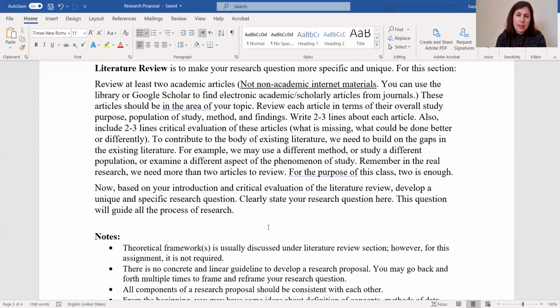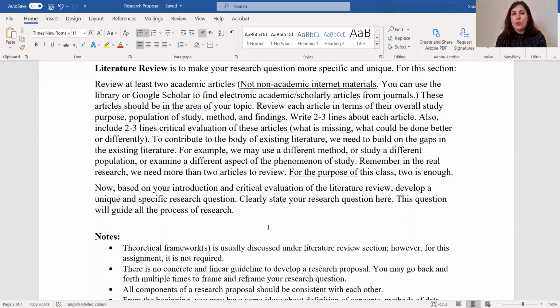There are many journals that have free articles, papers available, and you can find them through the library or Google Scholar. And then you need to go through each of these literatures and provide 2-3 lines, a very brief summary and very brief points of that paper, like what is the purpose of that study, who are the population of the study, and about the method.